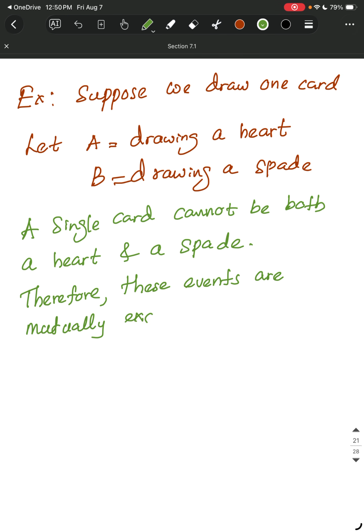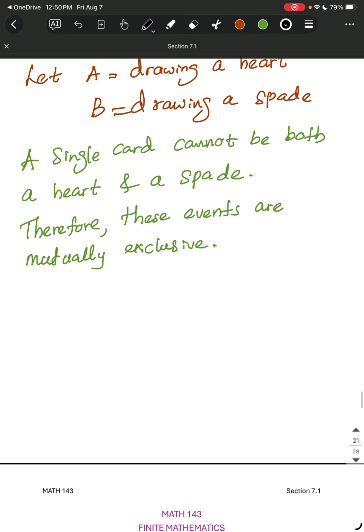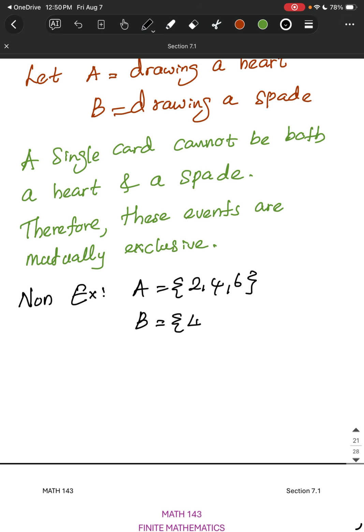Okay, then let's see one more example, the non-example one. Let event A be {2, 4, 6}, rolling an even number. Event B be {4, 5, 6}, the event roll a number greater than 3. Right?